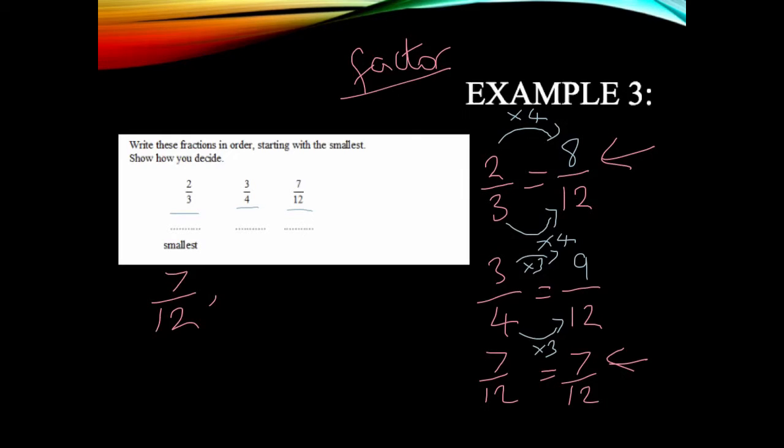In my answer, I'm going to write down what it told me in the question, which was 2/3. And finally, 3/4, which was equivalent to 9 over 12 over here. So I'm not writing down the 8 over 12, the 9 over 12 and the 7 over 12 as my answer. I'm writing down what was in the question just in the right order. And I've used this idea of equivalence to help me.